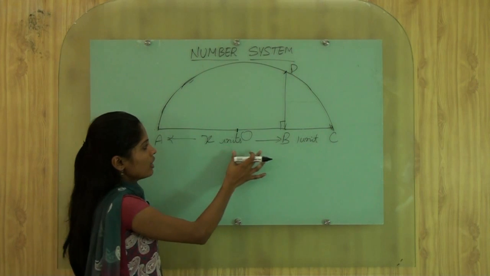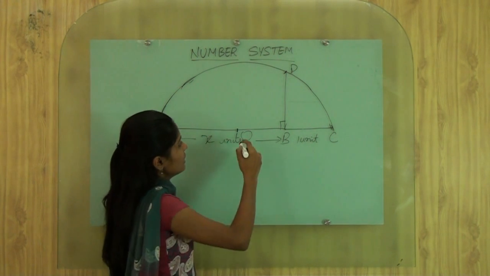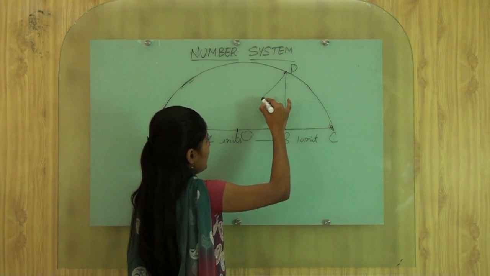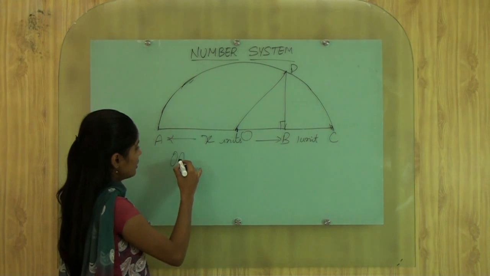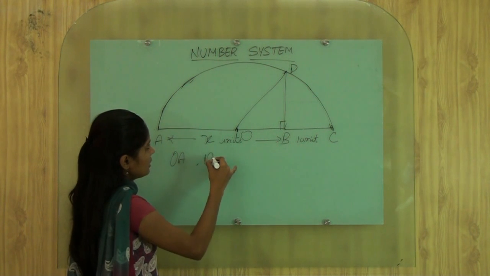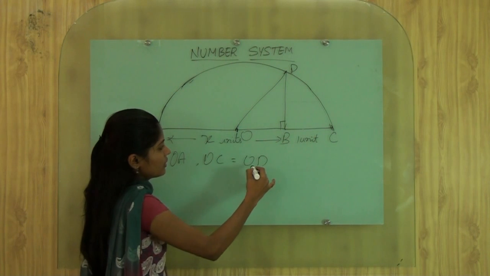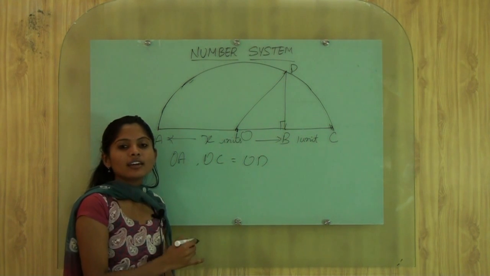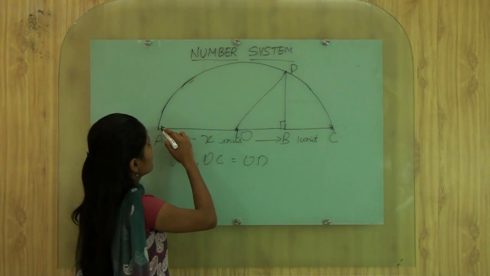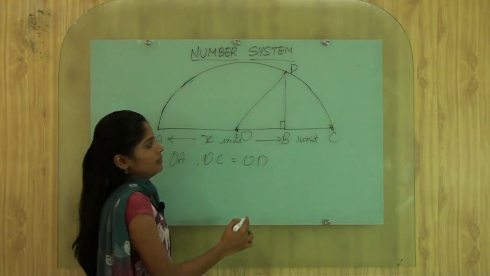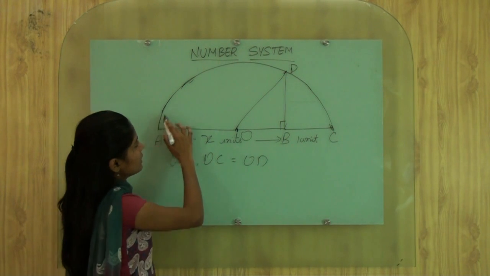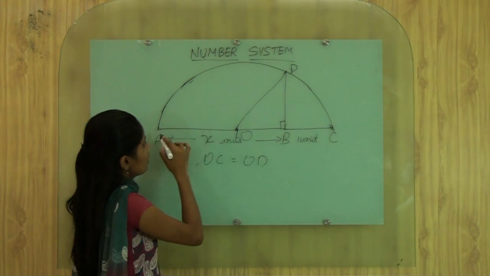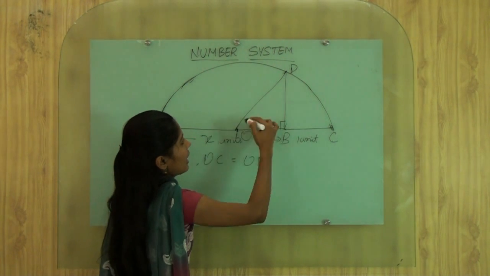So OA, OC, and if we join OD, OA, OC and OD are the radius of this semicircle.